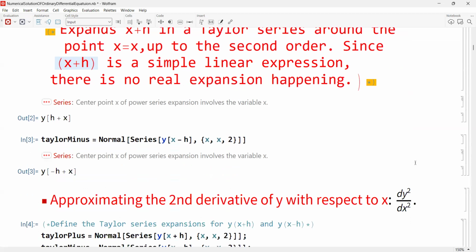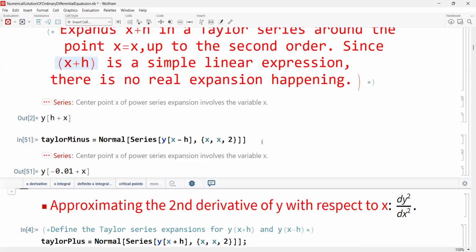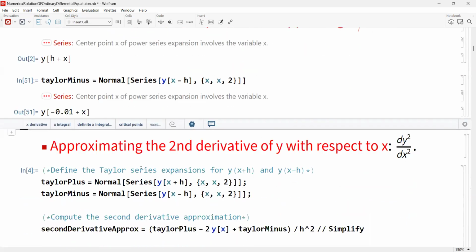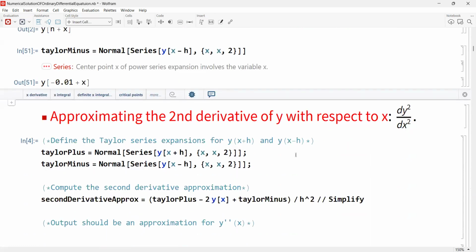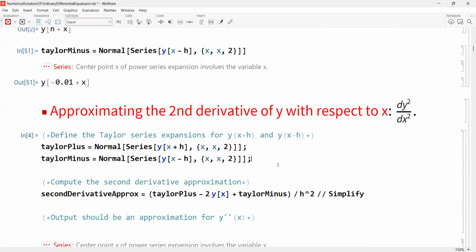Okay, and we can have also the normal series for x minus h here. So let us express y of x minus h in terms of the normal series here. So we have this one. Okay, approximating the second derivative of y with respect to x. Later we will explain the detail of this.